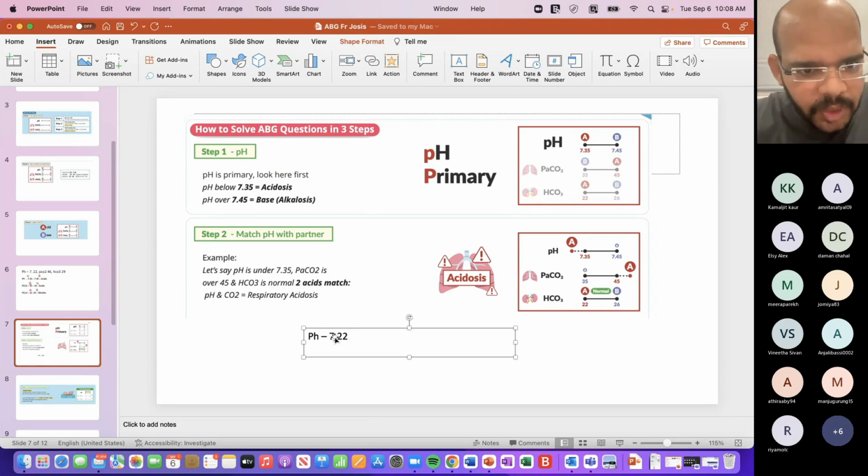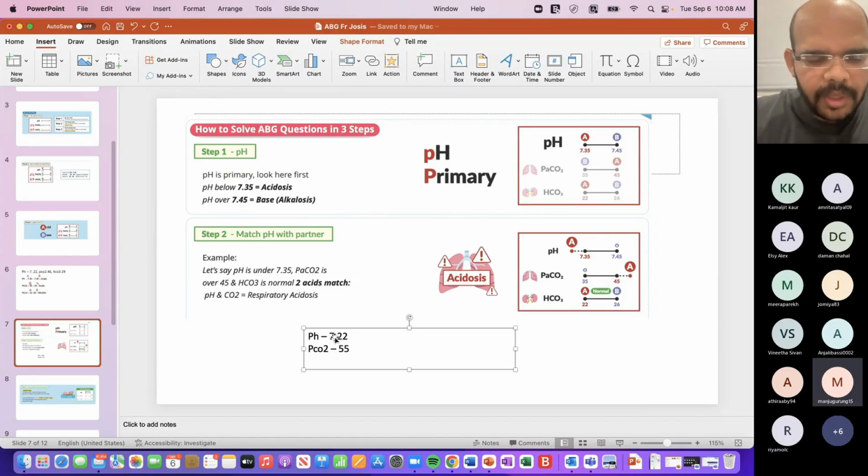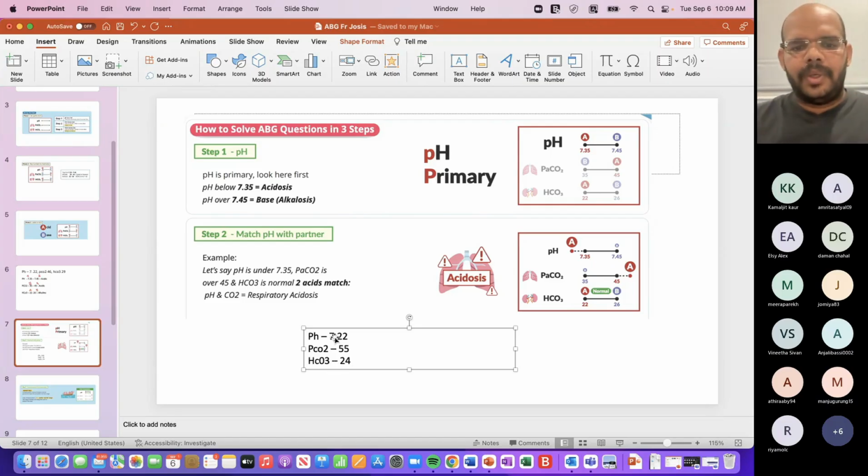And they say PCO2 is over 45, so let's keep PCO2 as 55. And HCO3 is normal. So what is a normal HCO3? 22 to 26. So let's keep 24.